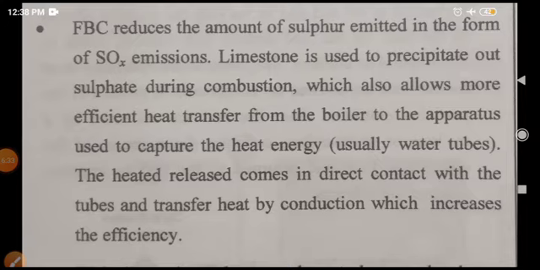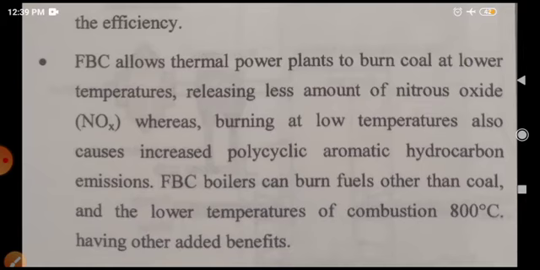The heated release comes in direct contact with the tubes and transfers heat by conduction, which increases the efficiency. FBC allows thermal power plants to burn coal at a lower temperature, releasing less nitrous oxide, that is NOx, like NO2 or NO3, whatever.